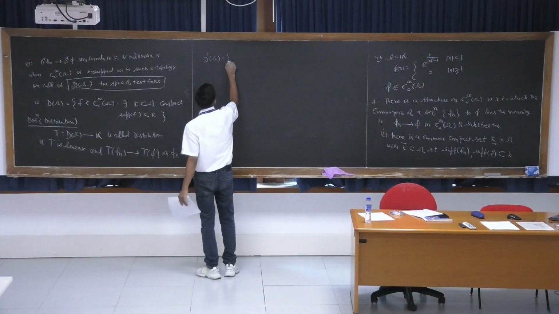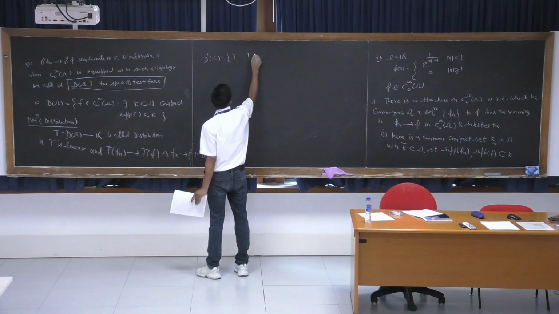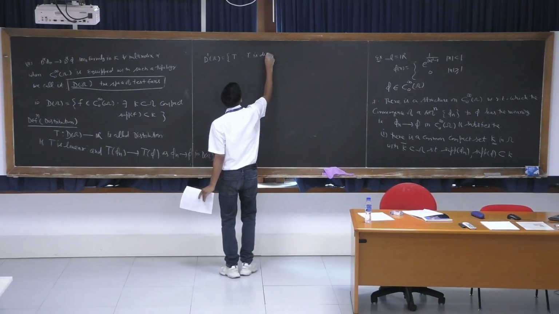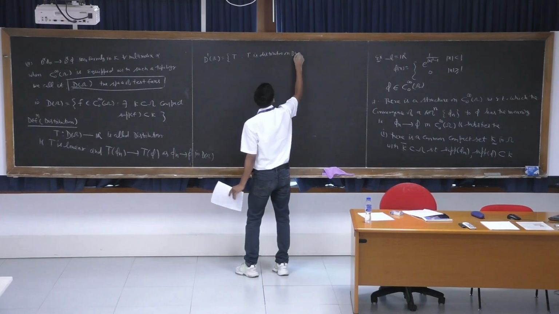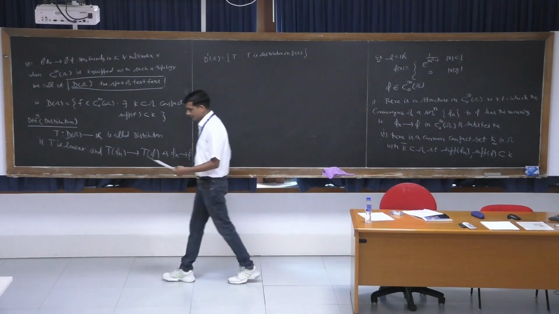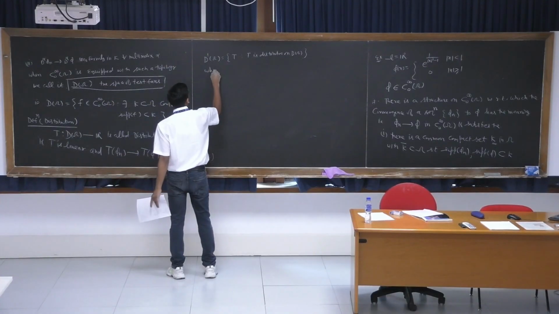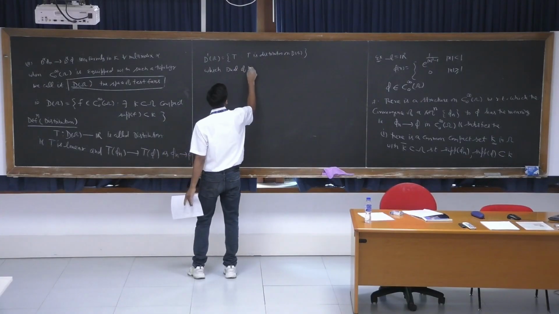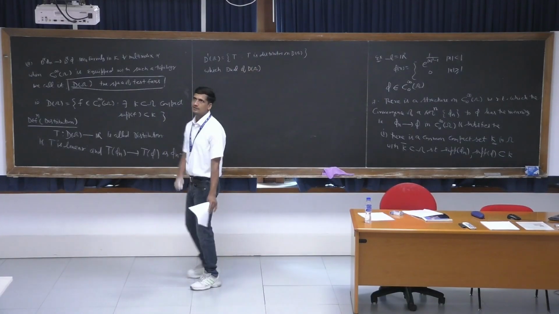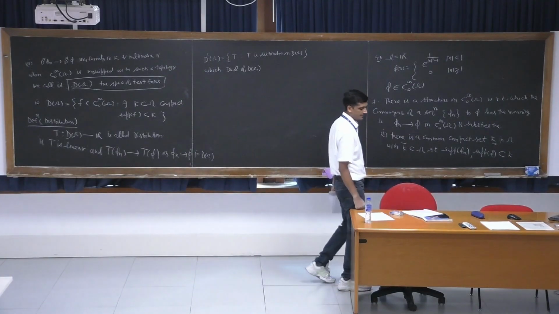We can say it is all T such that T is a distribution on D of omega, the set of all distributions, or you can say the dual of this space.